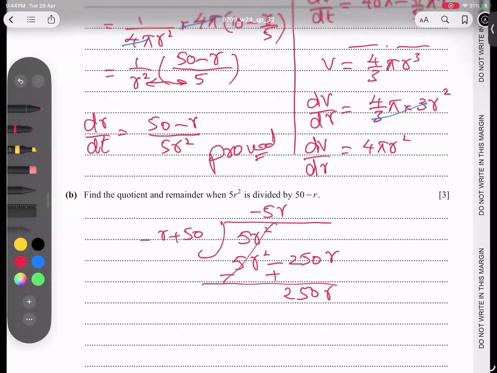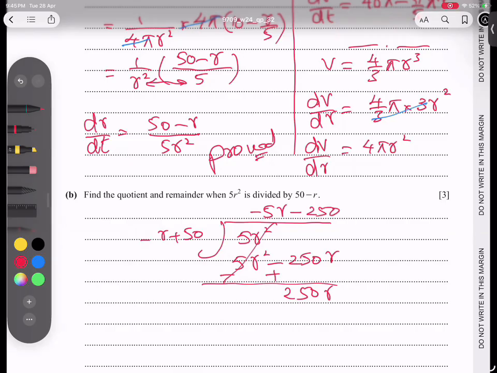Okay, now he was asking students what? Quotient and remainder. Quotient is on top, and remainder at the bottom. And students, I have seen now the R is the same, so we multiply once again with what number? To make it the same, I must write negative 250.